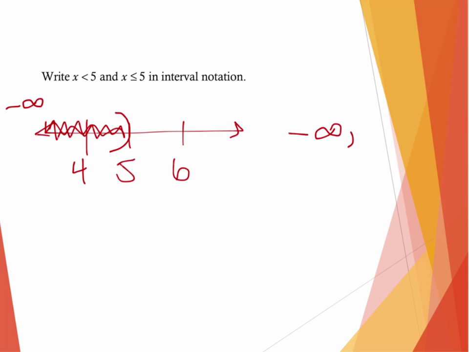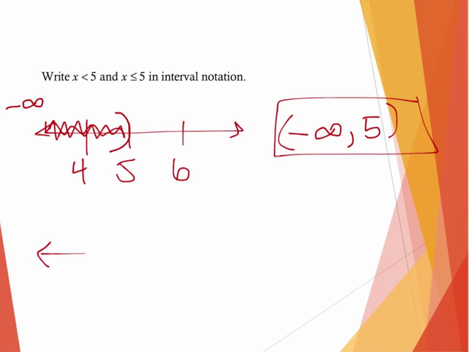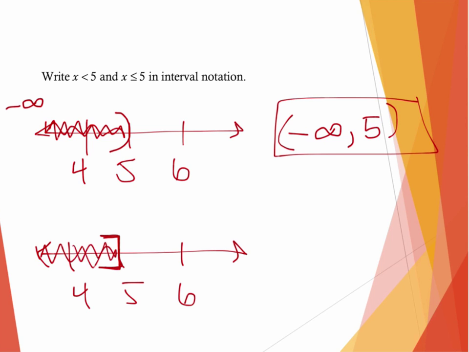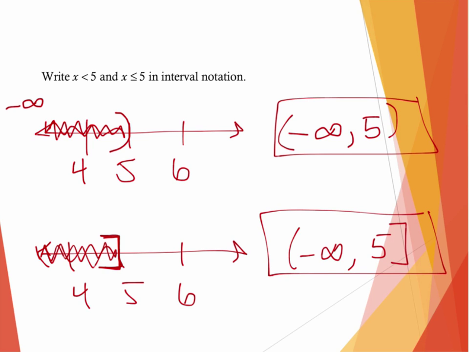Negative infinity is the smaller number, comma 5, which is the largest number in my set. X is less than or equal to 5. We're including the 5, going towards negative infinity. So negative infinity is the smallest number, 5 is the largest, and we're including it.